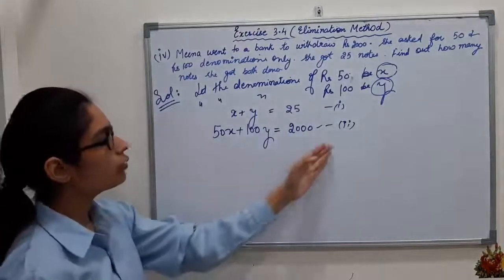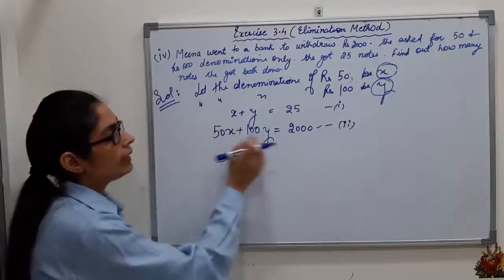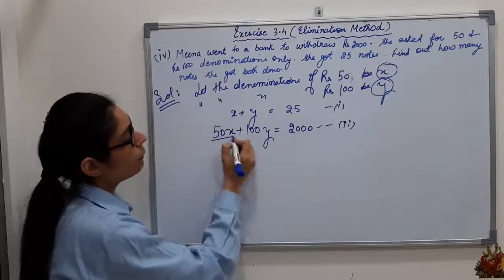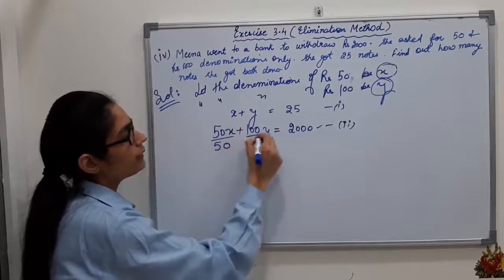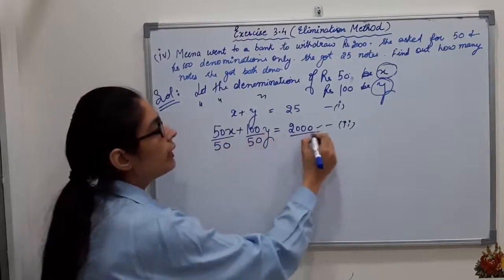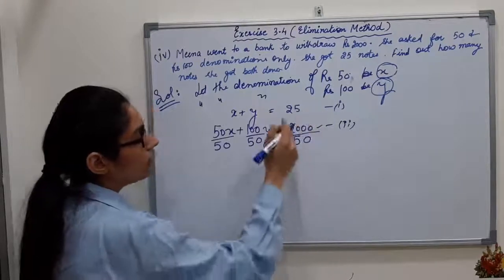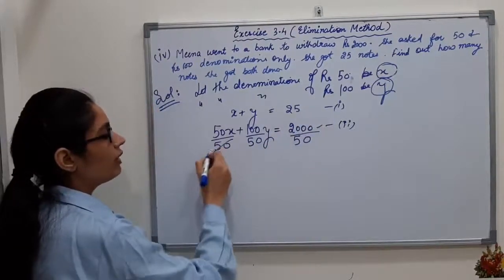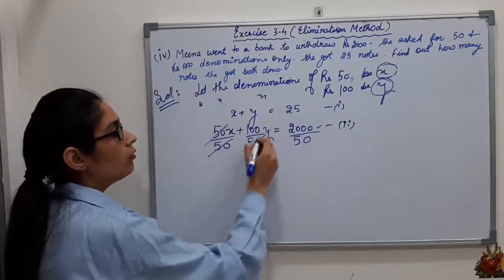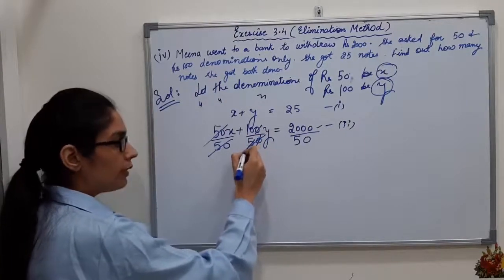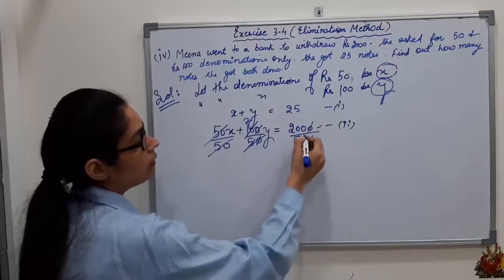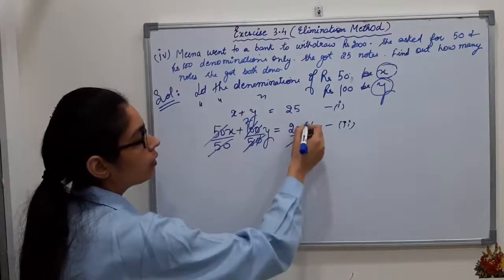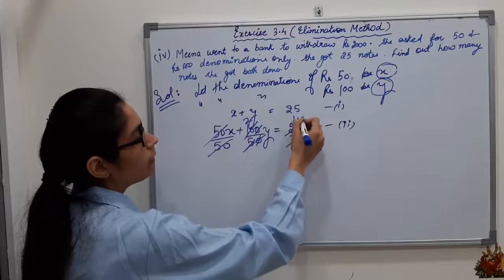Now this equation is very big and I can see it has a common factor of 50. So I told you earlier also, just make this easy by dividing the entire equation with 50. 50 and 50 will get cancelled. 0 and 0 will get cancelled. 5 into 1 is 5. 5 into 2 is 10. 0 and 0 will get cancelled. 5 into 1 is 5. 5 into 4 is 20. 1 0 will come.